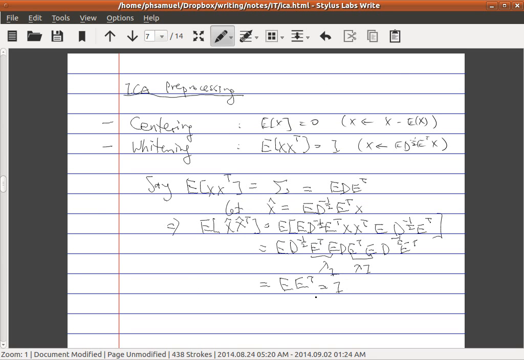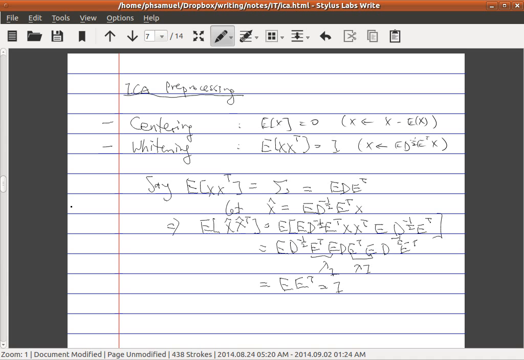But before that, let's go through some pre-processing steps. Let's say we have x. What we want to do is make sure it's centered and also whitened. Centering just means that we want to have zero mean, so we can simply subtract the mean to get zero mean. Afterward, it's whitened in the sense that the expectation of xx transpose is an identity matrix.